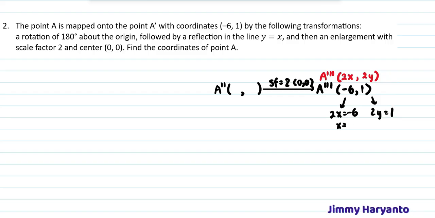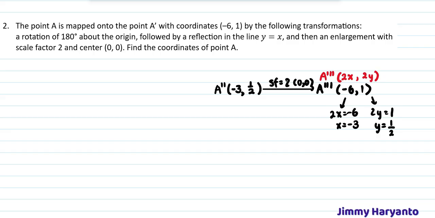That means x equals negative 3, and then y equals 1 over 2. But be careful, this is not the first or the original point. This is the second image, so I will write it right here.